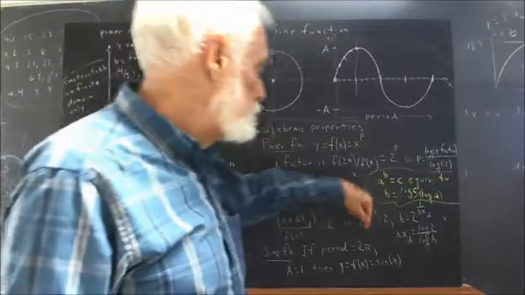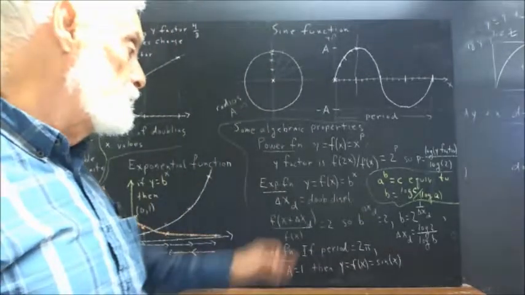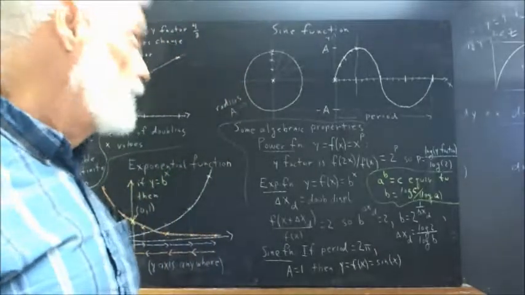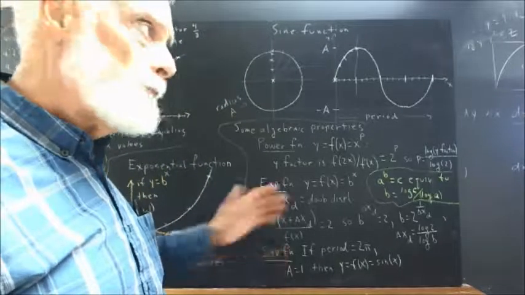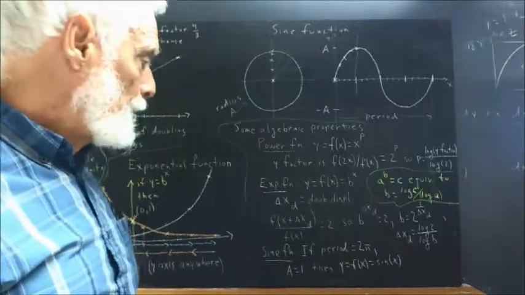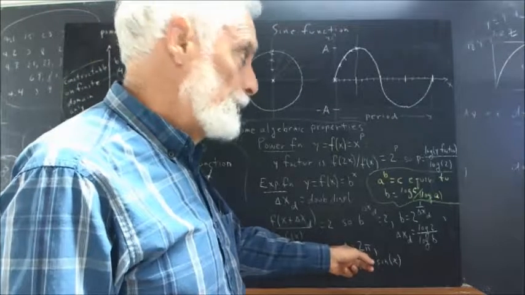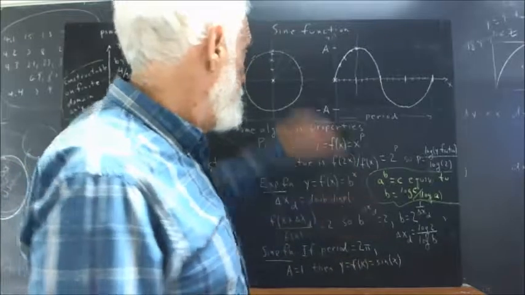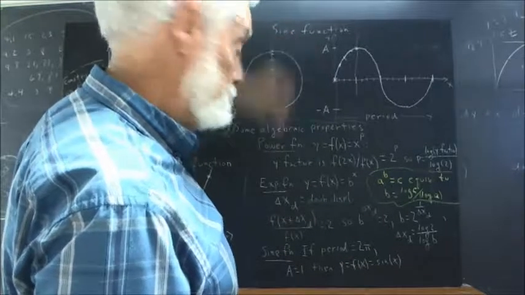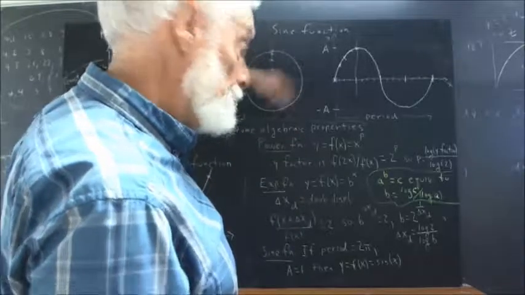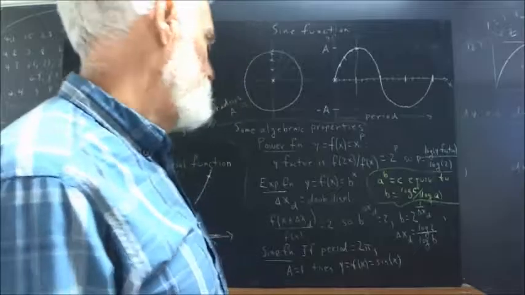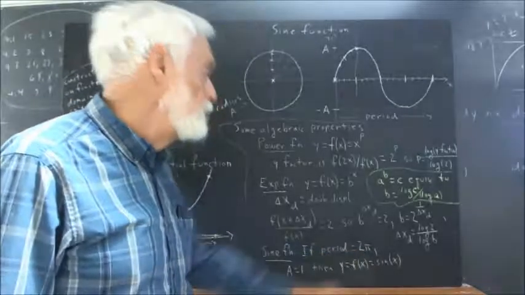If the period is 2 pi, and there are good reasons why the period of the basic sine function is taken to be 2 pi, it's because the analysis of the function is much simpler if the period corresponds to how many radii you've got as you go around the circle. And since the circumference of the circle is 2 pi times the radius, this becomes very useful.